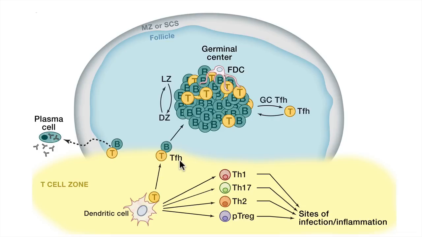And indeed, recently it's been observed that when memory TFH cells get re-stimulated by B cells, that rapidly induces re-expression of BCL6, specifically by the memory TFH cells.